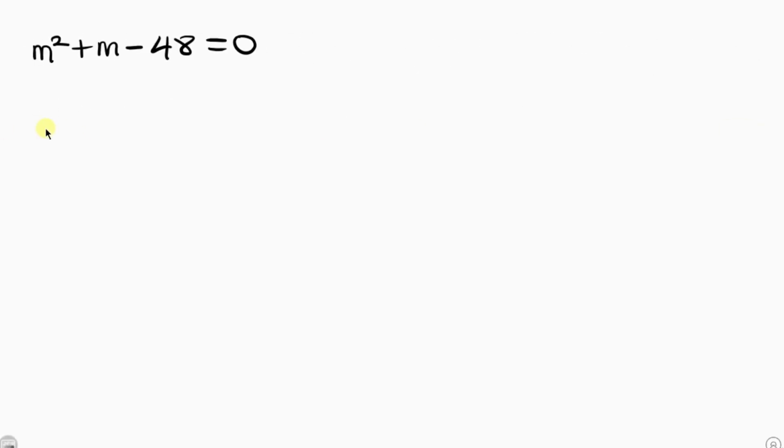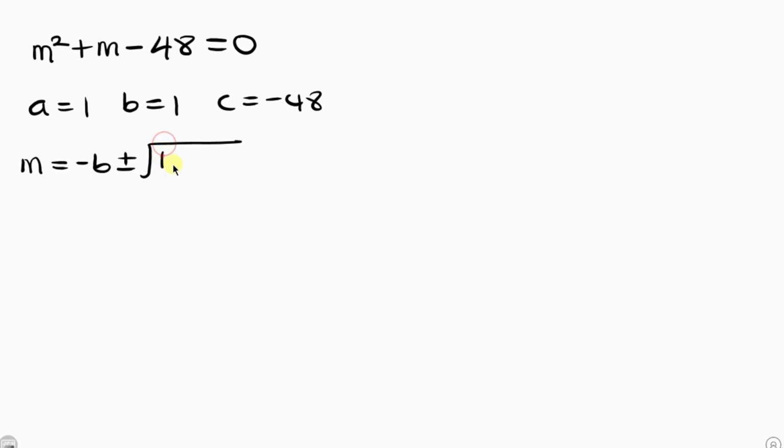Now we're going to be using the quadratic formula to solve this. For example, we know that a is equal to 1, that's the coefficient of m squared. b is equal to 1, that's the coefficient of m, and c is equal to negative 48, which is the constant term. So the general formula we're using is m equal to negative b plus or minus the square root of b squared minus 4ac divided by 2a.